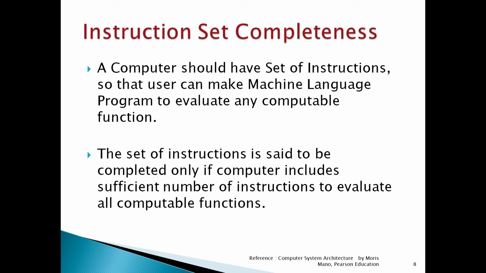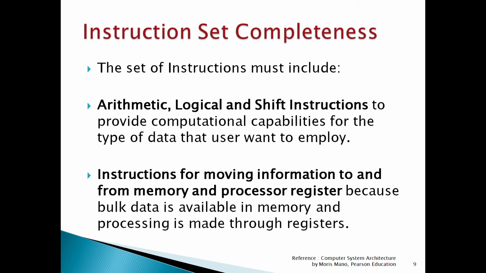Whatever you want to do with a high level language, there should be an equivalent feasible sequence of instructions to be converted into machine language. The set of instructions is said to be complete only if the computer has a sufficient number of instructions to evaluate all computable functions.